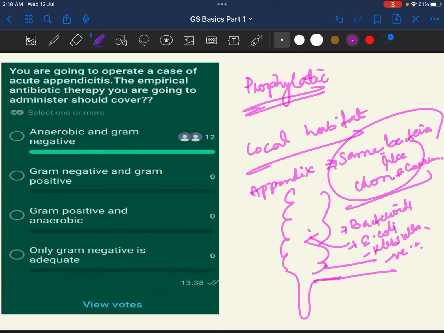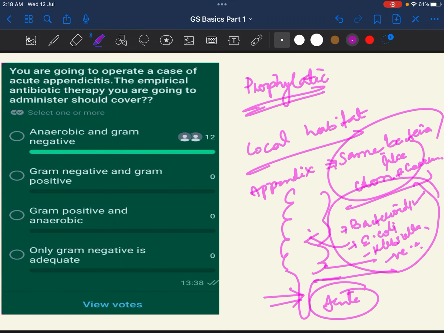So in the case of acute appendicitis, you are operating on the appendix, you should always give antibiotics covering the bacteroids and gram-negative bacteria.